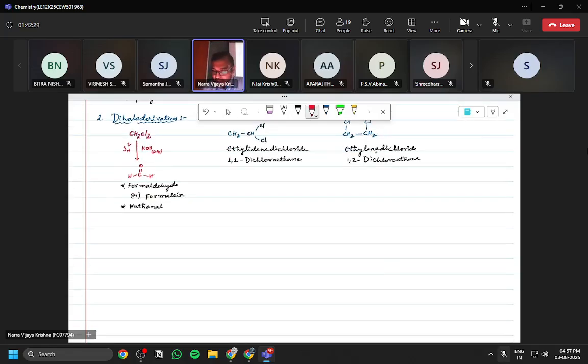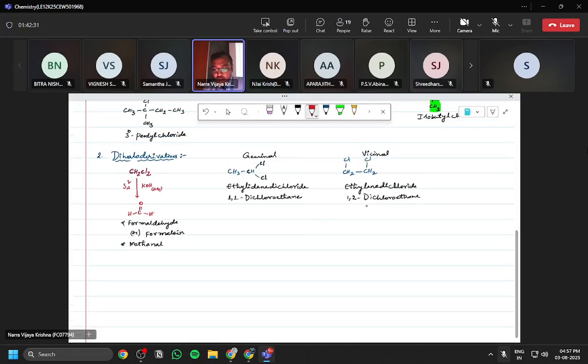For example, I am taking dichloroethane. If this is allowed to react with aqueous KOH, what happens, sir? So the product will be CH2OH CH2OH. What do we call it? Ethylene glycol.